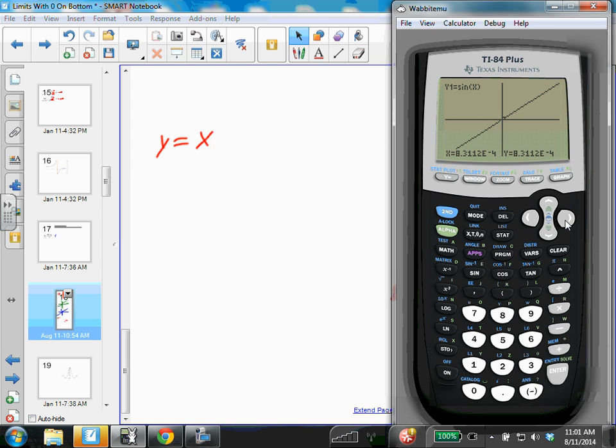All right, so whenever you're really, really close to 0 with the sine function, you get out what you put in. Remember, right now we're using the function sine of x.